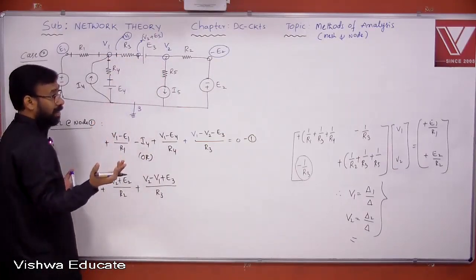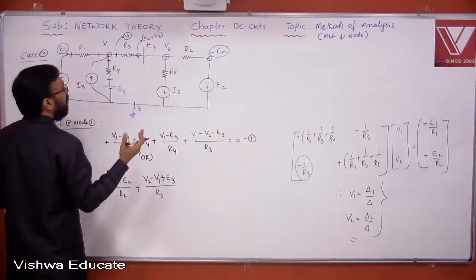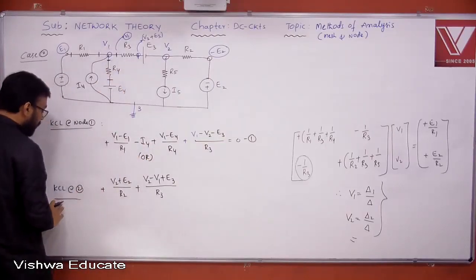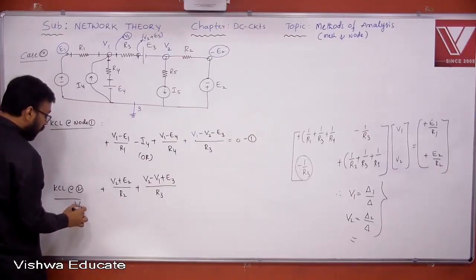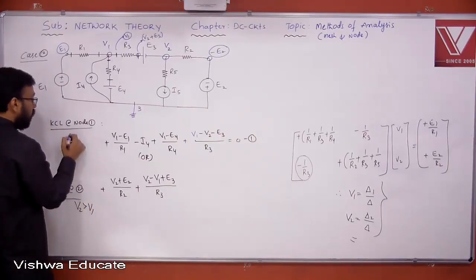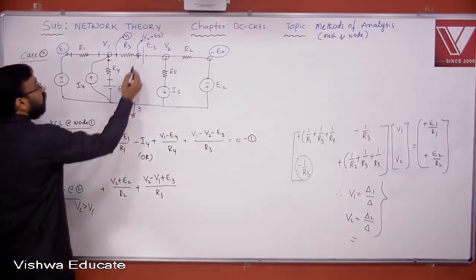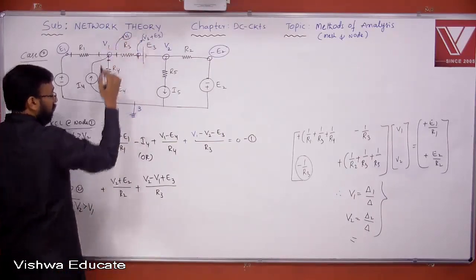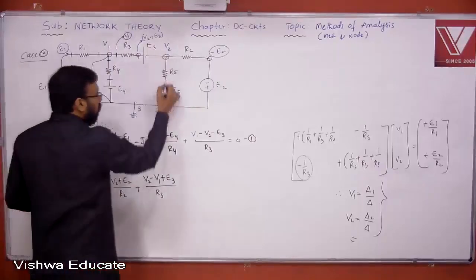Like that people remember. But what is the actual scenario here? This is V1, this is V2 plus E3. Now when you write KCL at node 2, you are assuming V2 greater than V1. Here you are assuming V1 greater than V2. Yes or no? That is why you select V2 plus E3 greater than V1, V2 plus E3 minus V1. That's it.